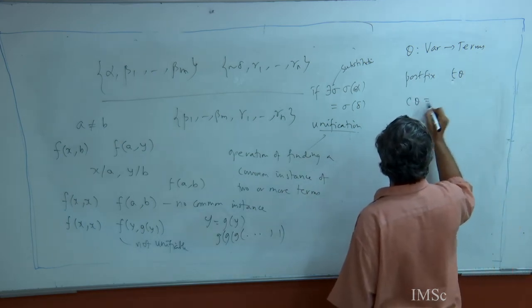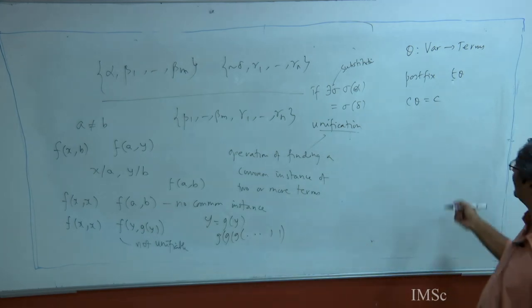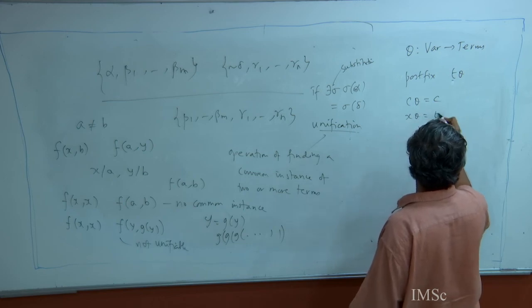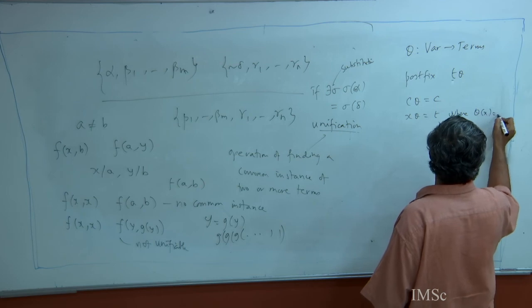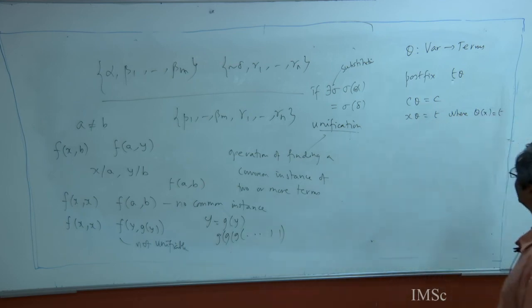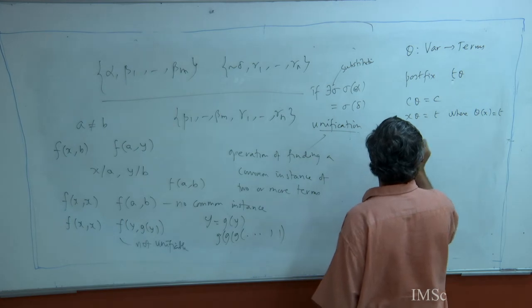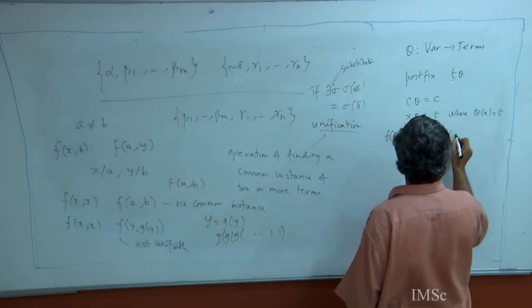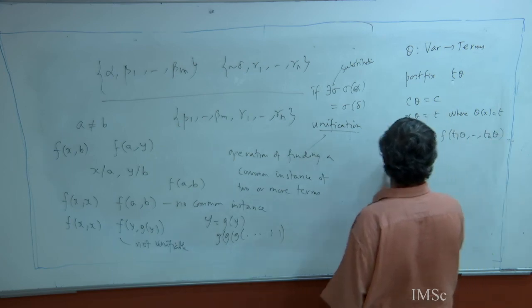C theta is C. Take a constant symbol, do any substitution, it will get you the same thing. X theta is T, where theta of x equals T, and then f of T1 to Tk theta is f of T1 theta through Tk theta.